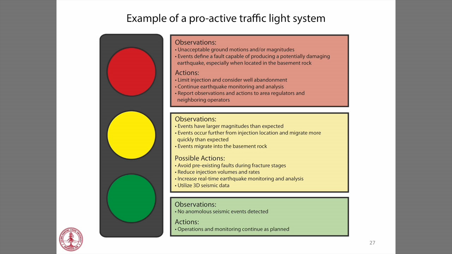So for instance, if we see very, very small earthquakes, perhaps magnitude 1, 0, or -1, start to move into the basement rock, if we're locating very small earthquakes moving into the basement rock, then it's entirely possible that those earthquakes and the pressure perturbation causing them are moving along a permeable pathway that is likely an active fault.